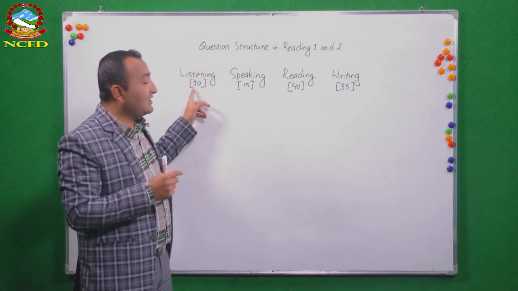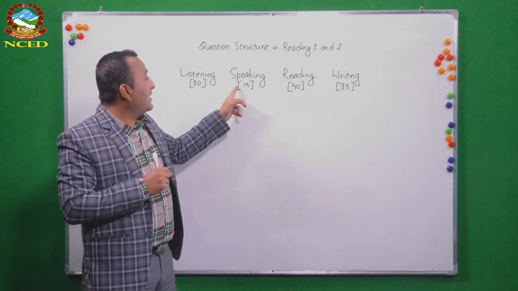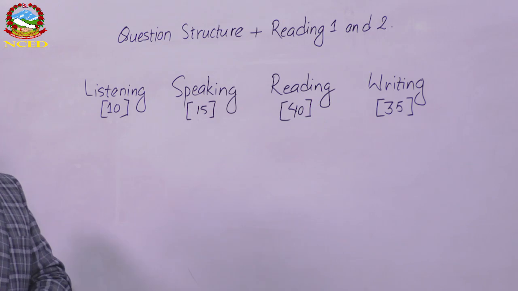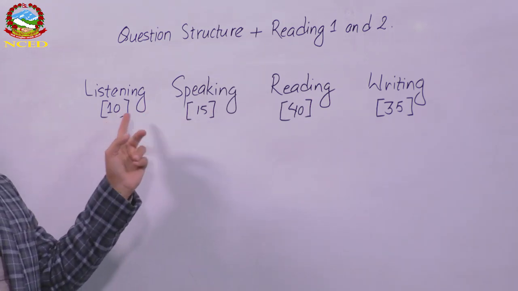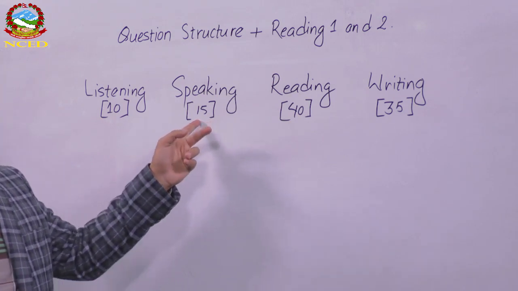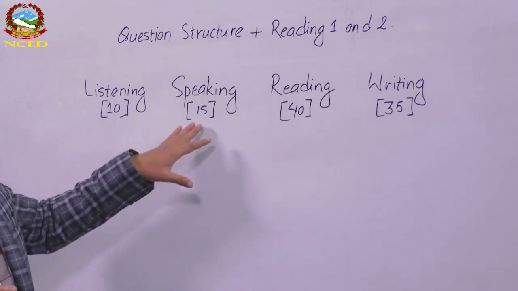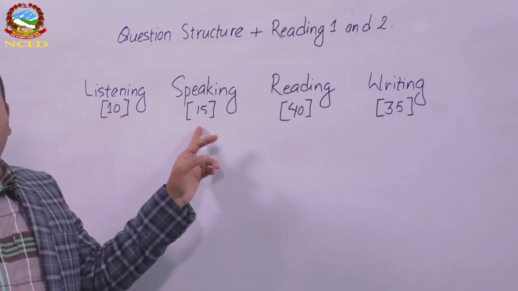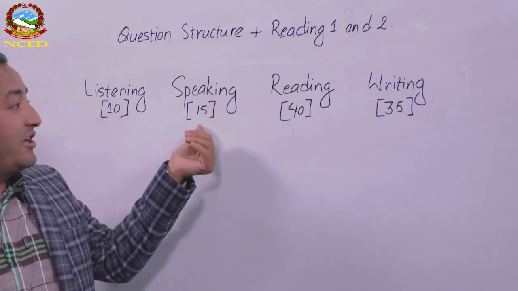By listening to that, you have to do some exercises worth 10 marks. Speaking covers 15 marks in the exam. Altogether, we will have 25 marks, and it is known as the practical exam. For speaking, there will be different questions, and I'm not going to talk much about this because listening and speaking will be carried out at your school by your subject teacher, and I think you already know about it.